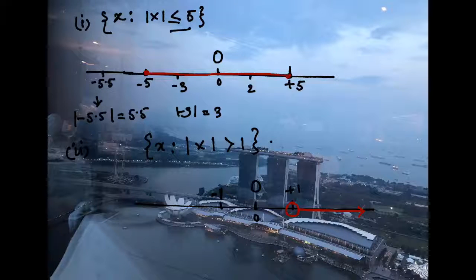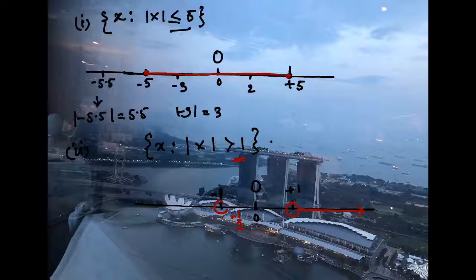Now here is the other side. What is happening here? If x is, say, minus half over here, the mod is half, so it doesn't satisfy the condition mod x greater than 1. So x cannot take this minus half value.